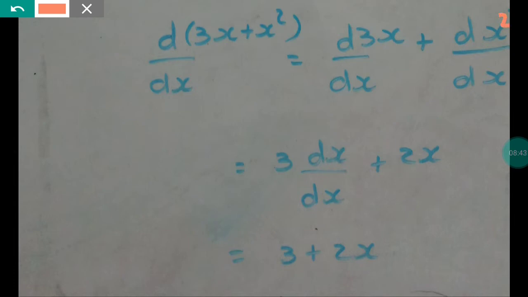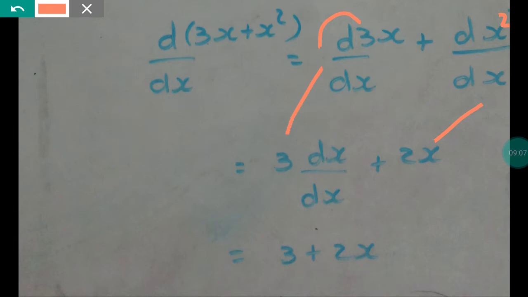Okay, now 3, what happens to 3? 3 comes out, it jumps out. What is remaining? dx by dx. And what is d/dx of x square? d/dx of x square is 2x. 3 goes outside, which is written over here, and then dx by dx.